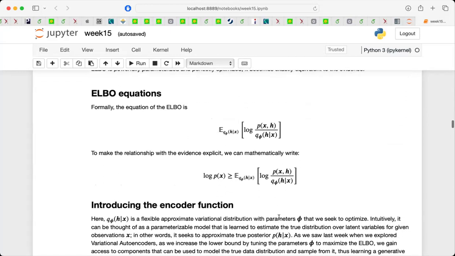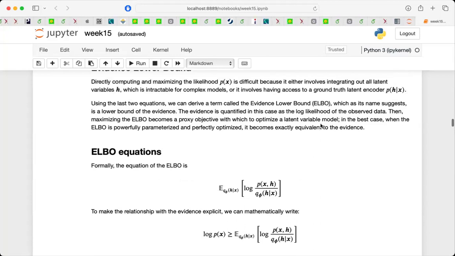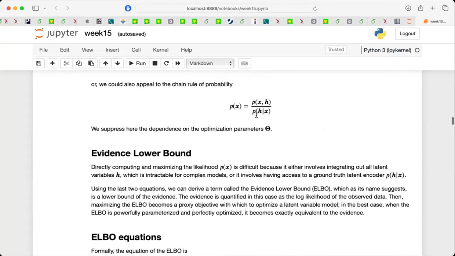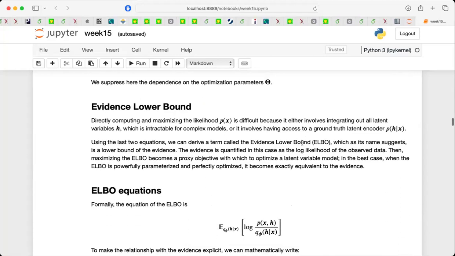So formally what we did last time was actually to produce this expectation value of the log of the probability distribution. We are replacing this P of H given X here with a model which we called Q of phi. And this is this model Q phi here.